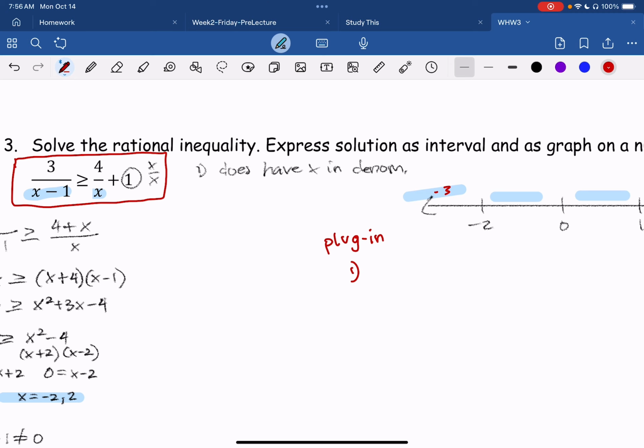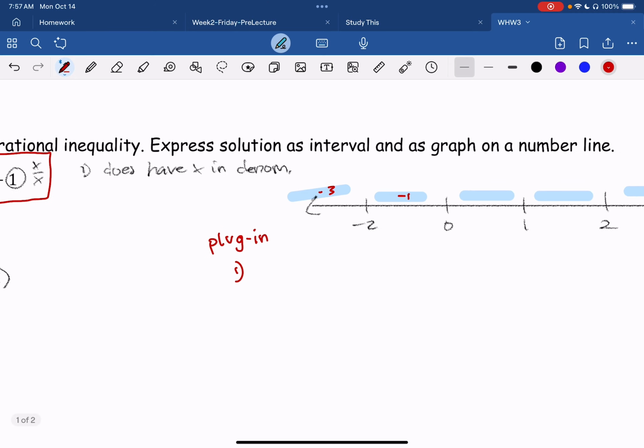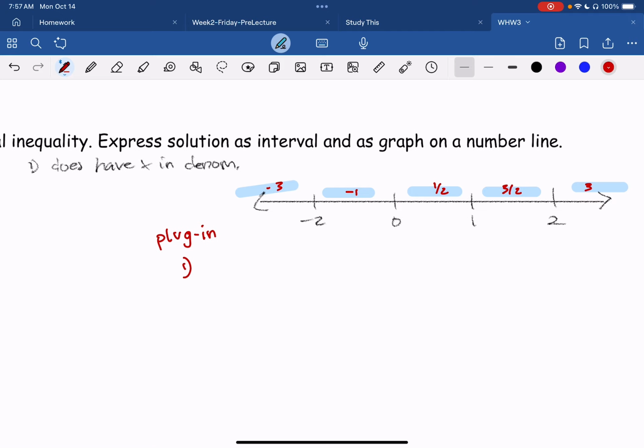Over here, I'm going to plug in -3. Over here, I'm going to plug in -1. Here, I'll plug in 1/2. This one, I'll plug in 3/2, and then here, I'll plug in 3.